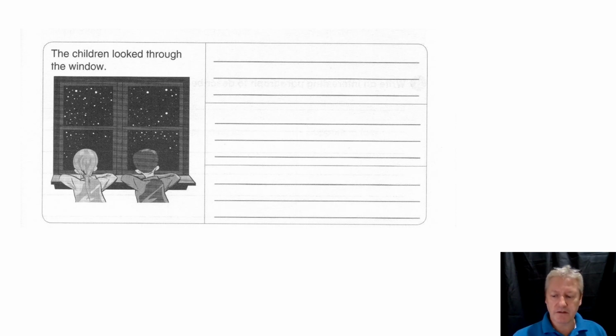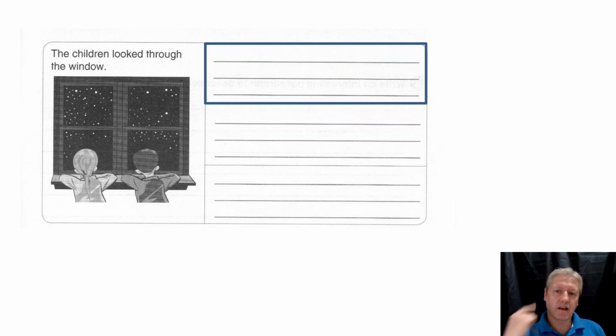But what you need to do is think of one atmosphere and then write one sentence to continue this sentence of the children looked through the window, and then what?